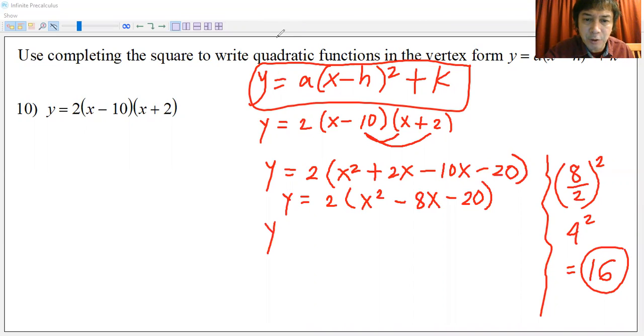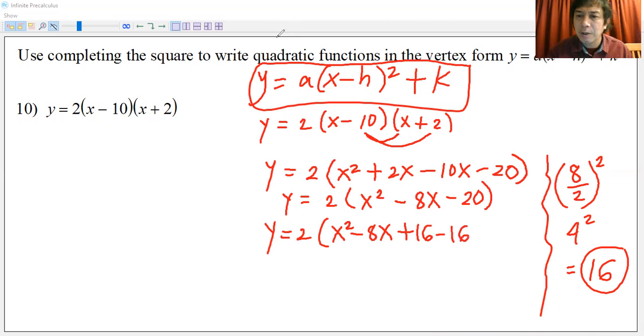So this will now be 2 times x squared minus 8x, add 16, subtract 16, and then followed by the minus 20. Take note, they are all inside the parentheses, including the minus 20.